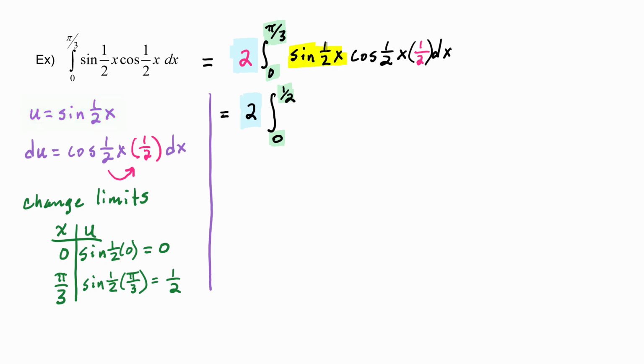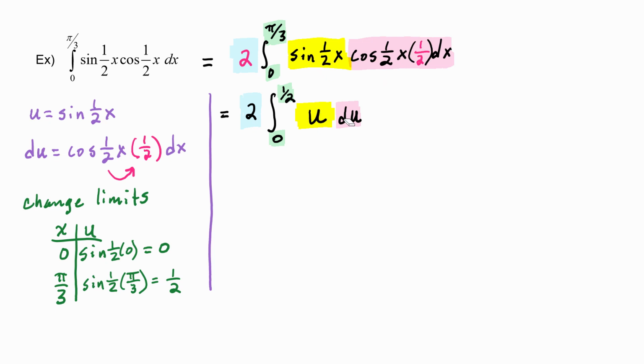Sine of 1/2 x, we are going to trade out for the u variable. And then cosine 1/2 x times 1/2 dx is going to get traded out for du.